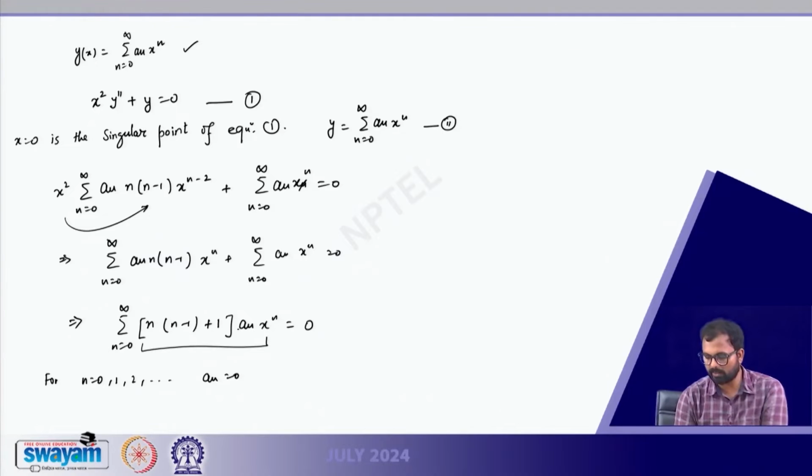So, n into n minus 1 plus 1, times a n, has to be 0, and therefore for n equals 0, 1, 2, 3 and so on, all the coefficients a n become 0.